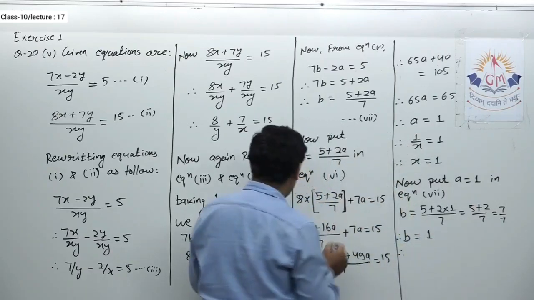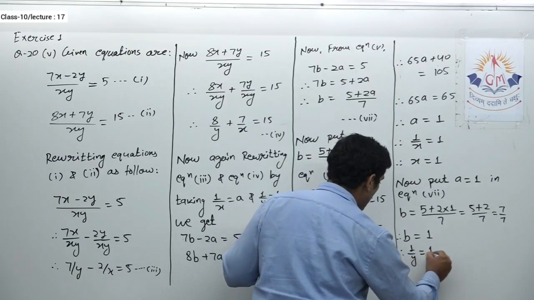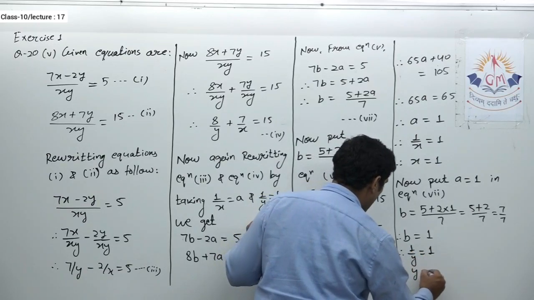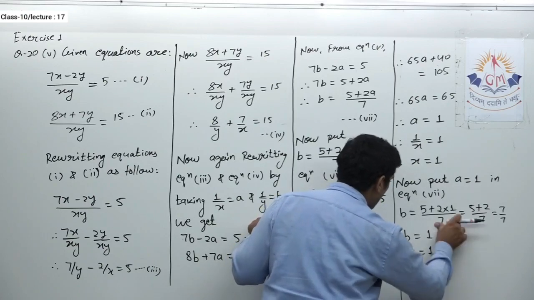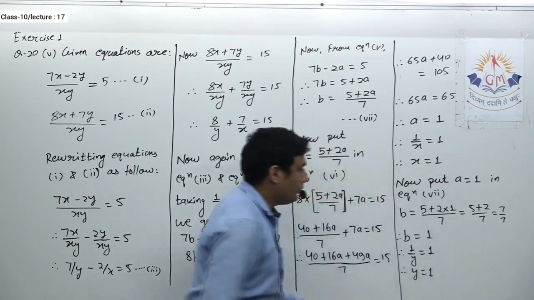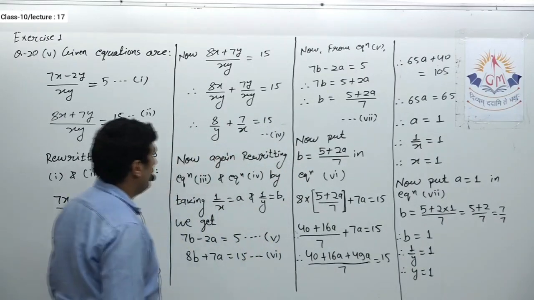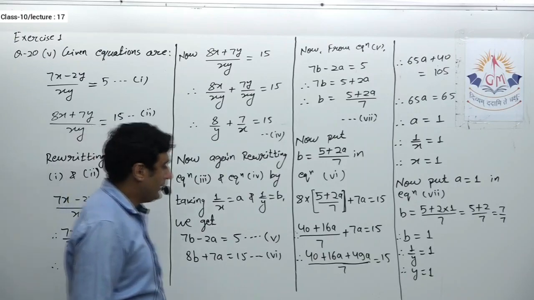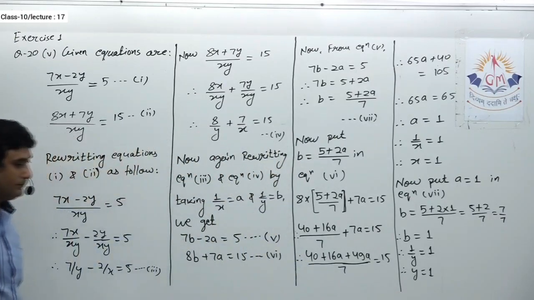Now b is equal to 1 upon y, therefore 1 upon y is equal to 1, therefore y is equal to 1. Here I am writing the concluding statement: x equal to 1 and y equal to 1 is the solution of the given equations. I hope this is clear to you, so please note it down and then we will see the next question.